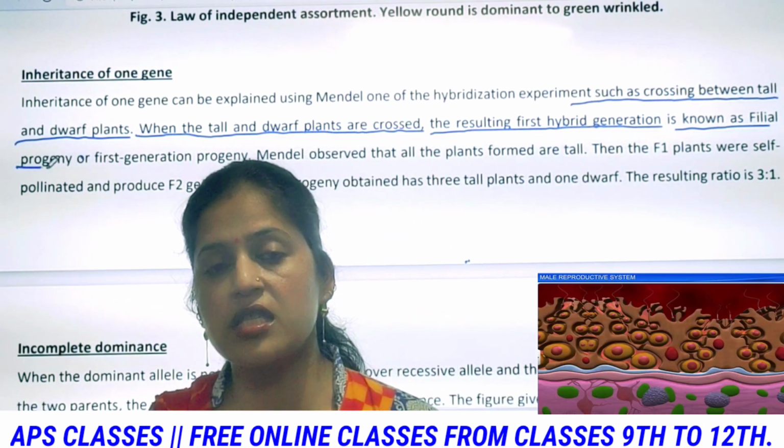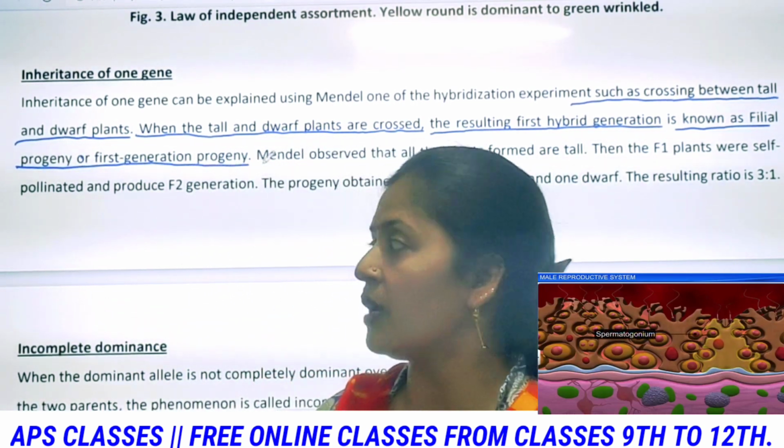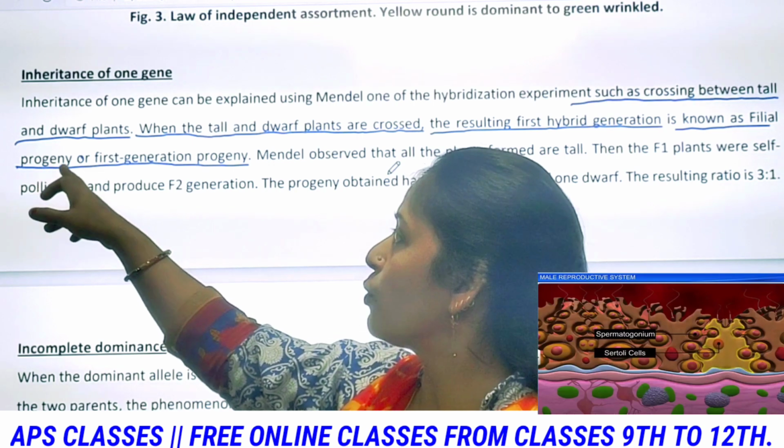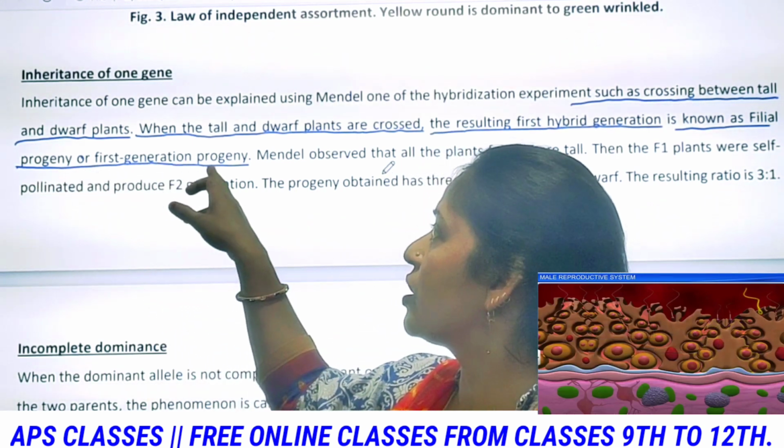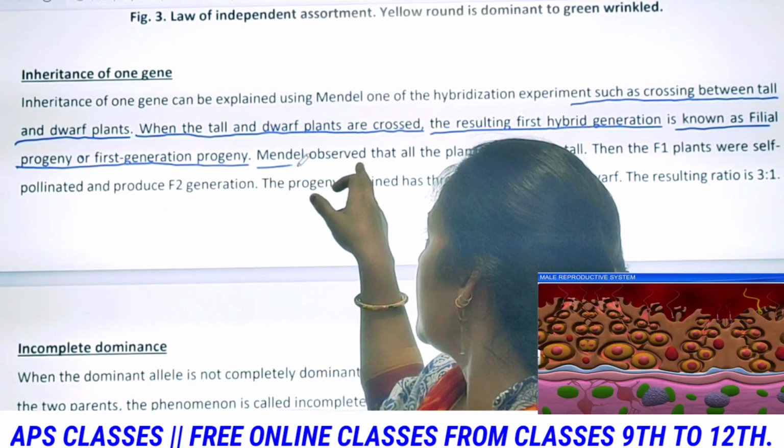That means the hybrid generation formed after crossing the tall plants and the dwarf plants is known as the first filial progeny. Mendel observed that.